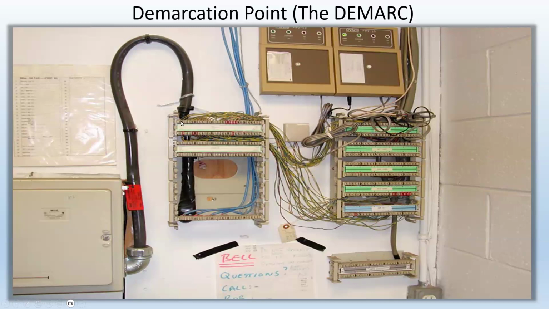Connect that to this pair, run it across, and connect that to this connection or whatever it should be. Right? There's some other connections that are going wherever they go. But that's basically the idea of cross-connecting telephone lines.